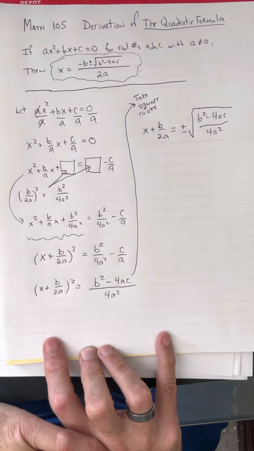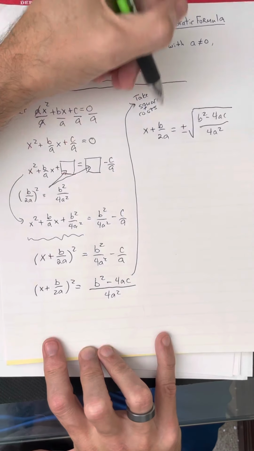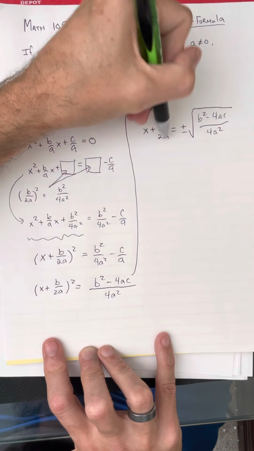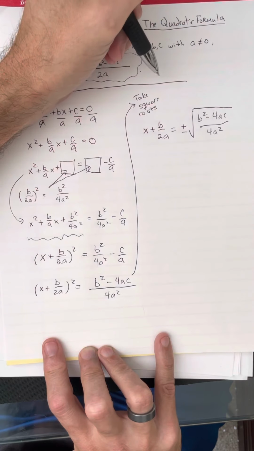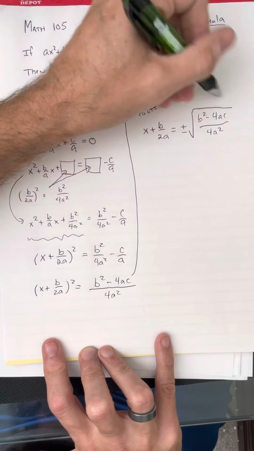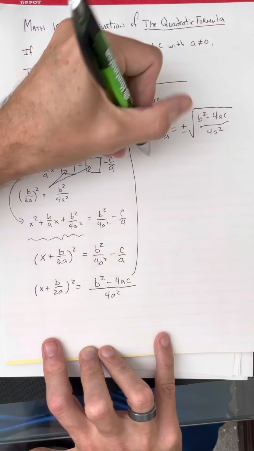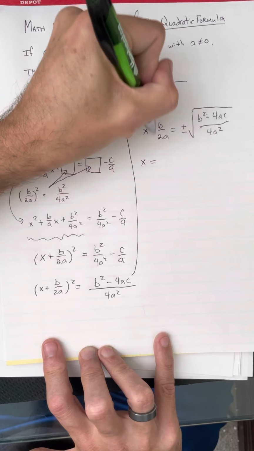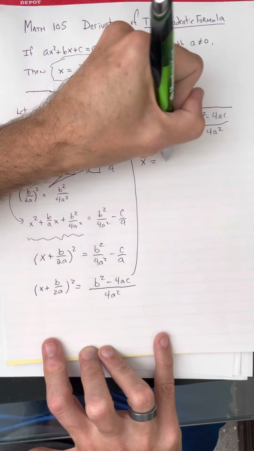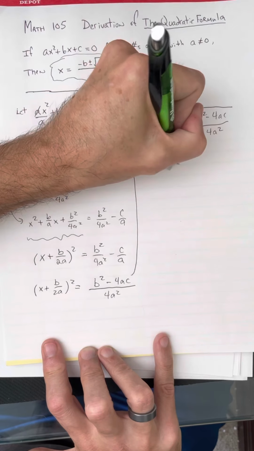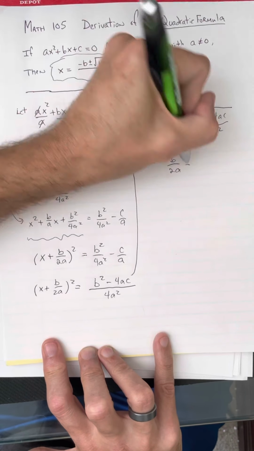At this point, there's two things left to do. I need to take this term and move it to the other side, and then simplify this if I can. So let's move it over. It's plus b over 2a, so it's going to be minus b over 2a, plus or minus.